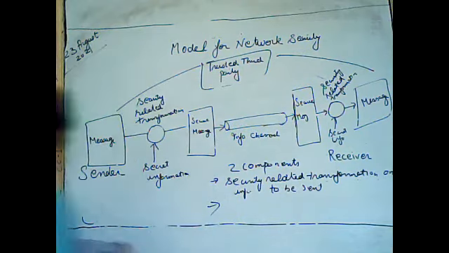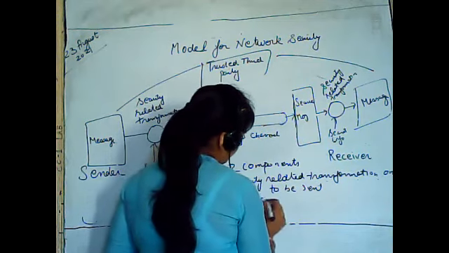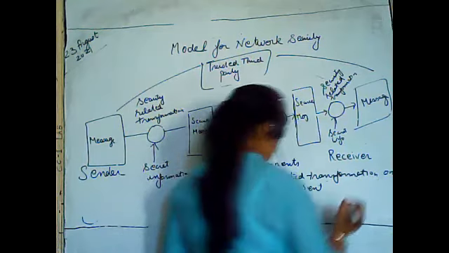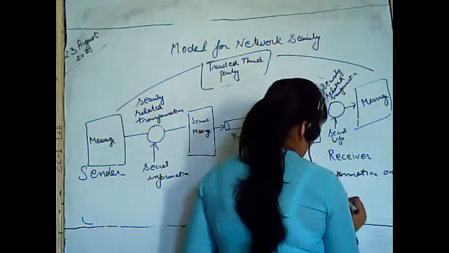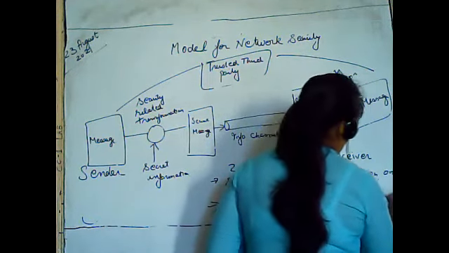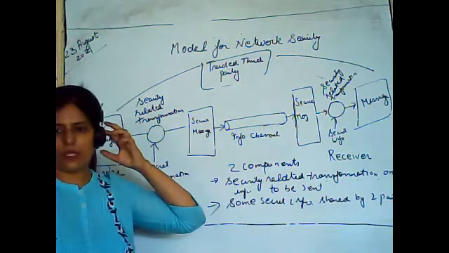The second component that we require is some secret information shared by the two parties. So these are the major components in this network security model.